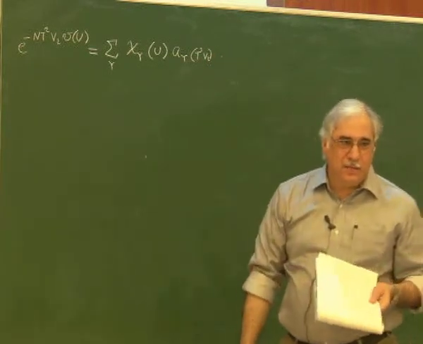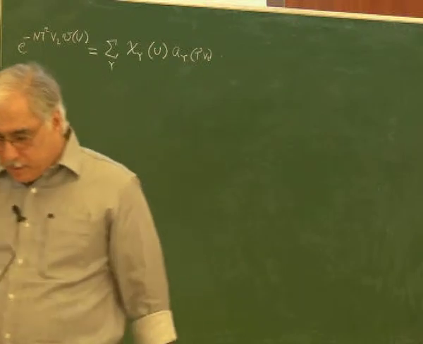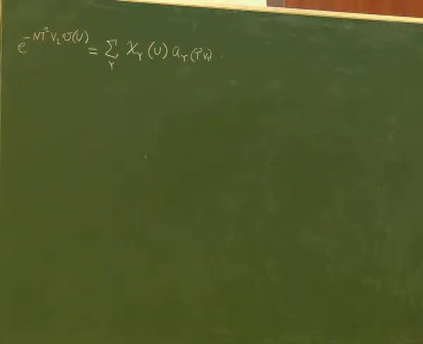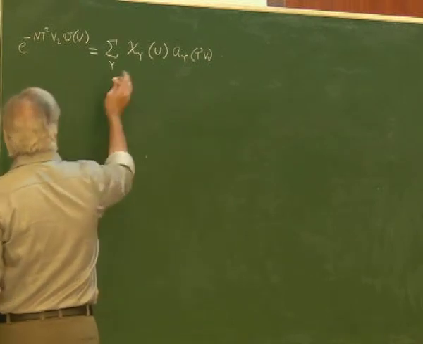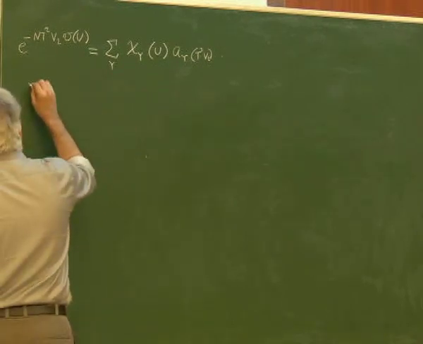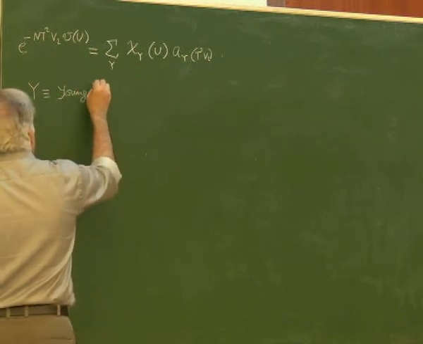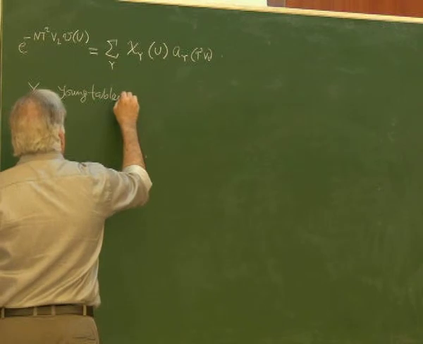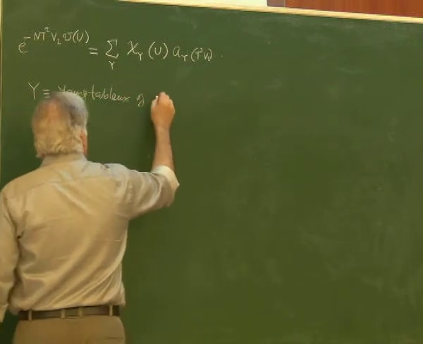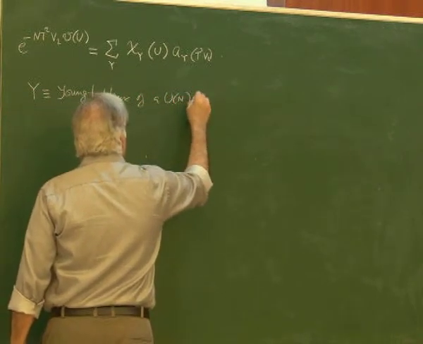You can expand any function on the unitary group in terms of the characters, which form a complete set. Over here, y denotes the sum over all representations. So y denotes the Young tableau of the UN representation.